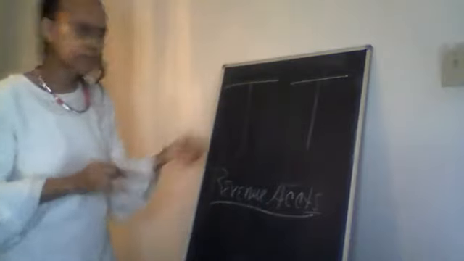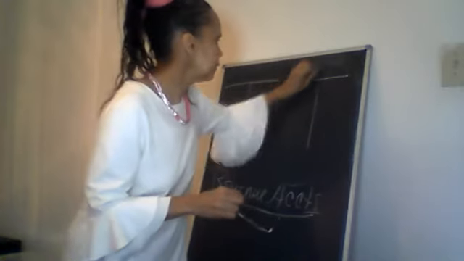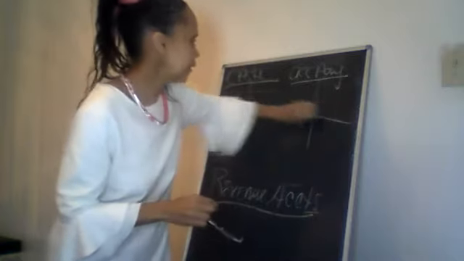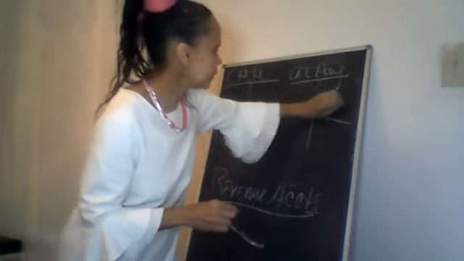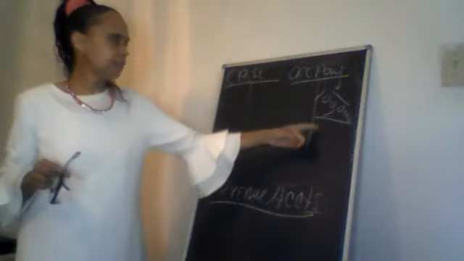If I initially create accounts payable, you always have two T accounts. So initially I created accounts payable, and then I have a cash account. Say for instance, I started with $100,000. I created accounts payable of $100,000 because I bought the office supplies.